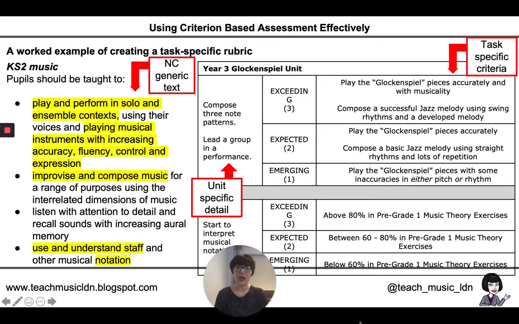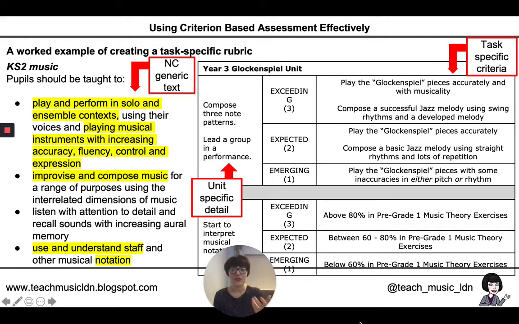and so on and so on. And then we take that unit specific detail and I decide what that looks like in each unit. Composing 3-note patterns in this glockenspiel unit looks different to how it might look in the recorder unit, simply because the pieces of music that they've been studying as part of this glockenspiel unit are mostly jazzy, and so we've asked them to compose in that style, so it's something familiar to them.